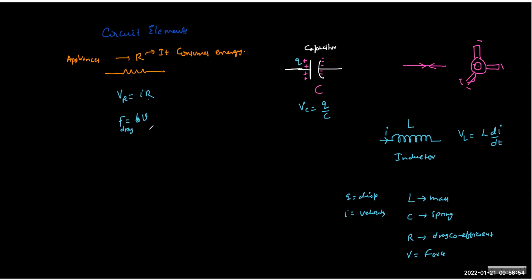Here 1 by C we call the spring constant, and Q we call displacement. So you can see force equals Kx, the spring formula. And this is exactly force equals mass into acceleration, because I is velocity, so di by dt is like acceleration.